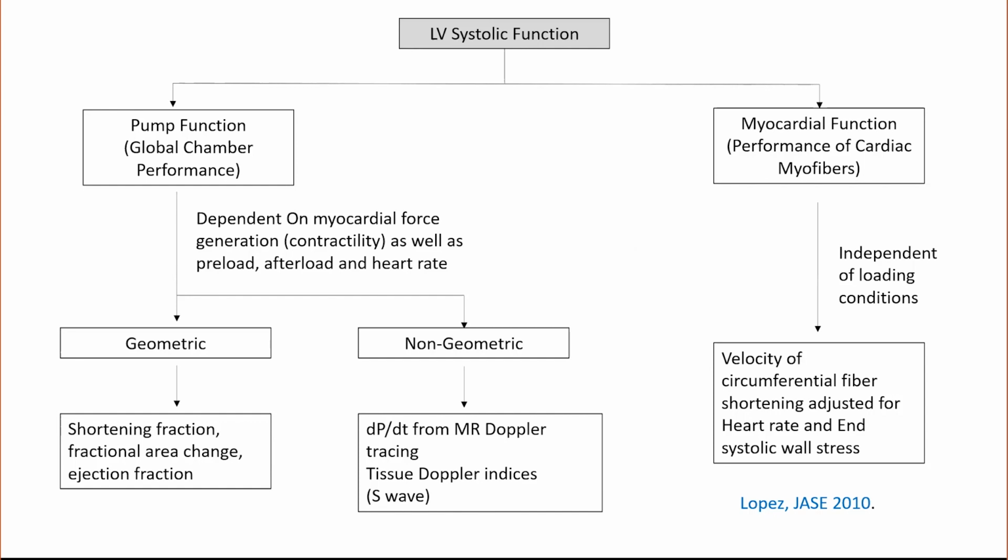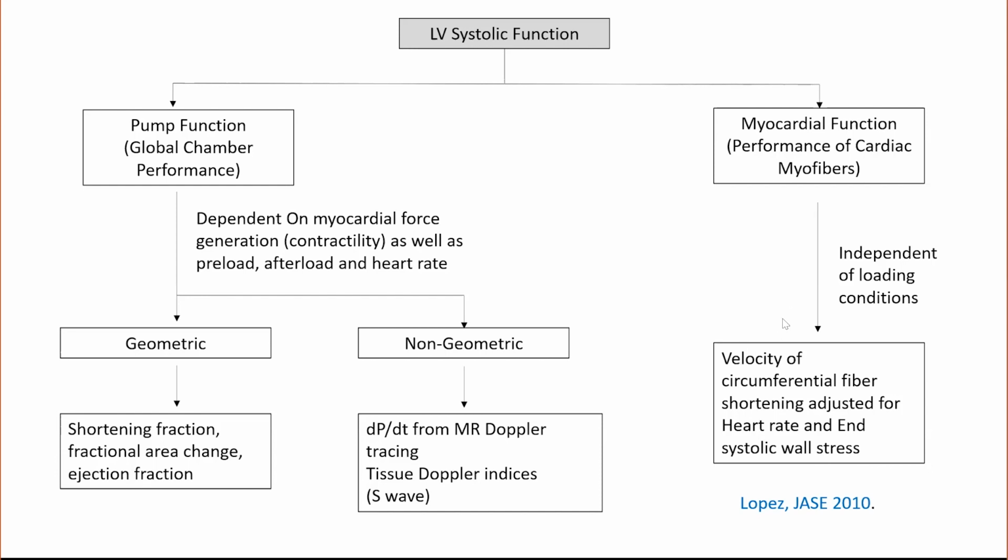We can assess the pump function, which is the global chamber performance, and we can assess the myocardial function, which is the performance of the cardiac myofibers. Now, this is sort of what we are after when we are assessing the contractility, but it's hard to do. There are ways to do it. It's the velocity of circumferential fiber shortening, which has to be adjusted to heart rate and end systolic wall stress.